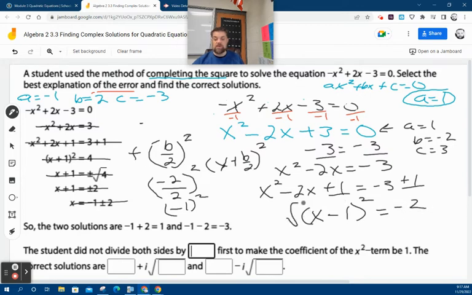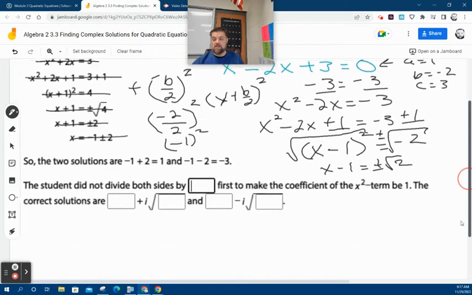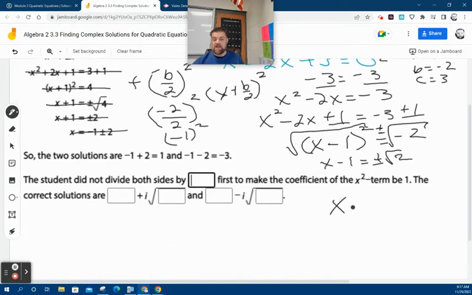Now we take the square root of both sides. And don't forget, when you take the square root, you do the plus or minus thing. So then I get x minus 1 is equal to plus or minus the square root of negative 2. And I'm going to move down a line. I'm going to add 1 to both sides. So I get x is equal to positive 1 plus or minus, oh, this is negative 2. Negative 2, but remember that's the same as negative 1 times the square root of 2. What's the square root of negative 1? Anybody remember?